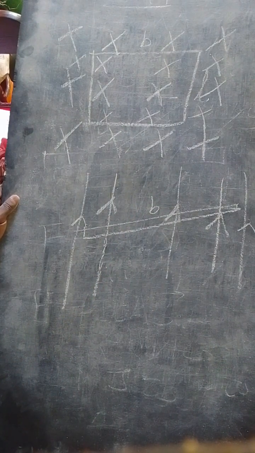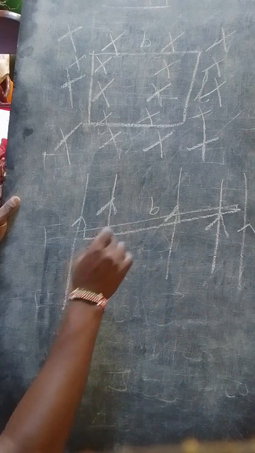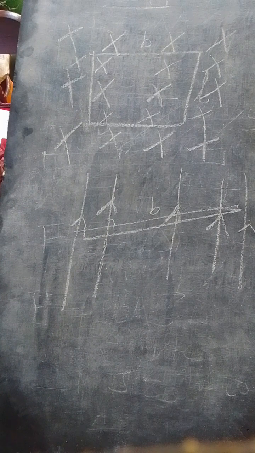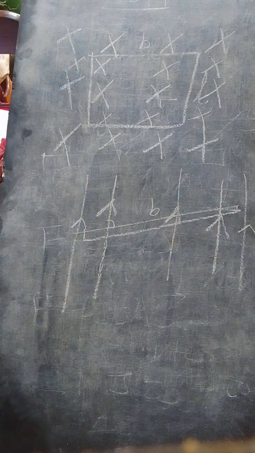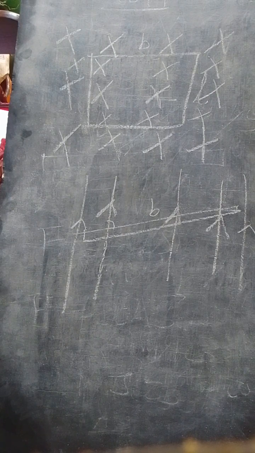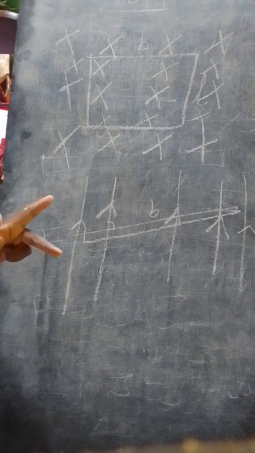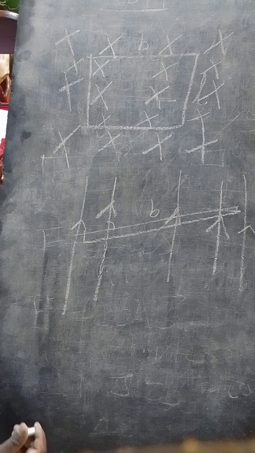Now we are seeing that this coil makes an angle theta, it makes an angle as it is. So when placed in a magnetic field, if we apply Fleming's left hand rule, we can determine the direction of the force. This is the Fleming's left hand rule.